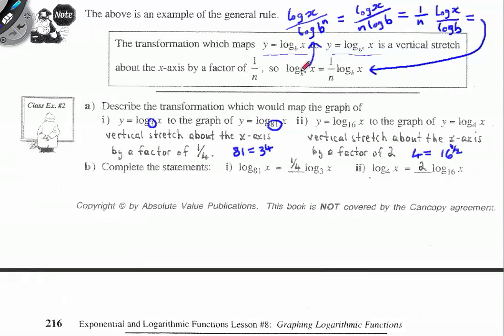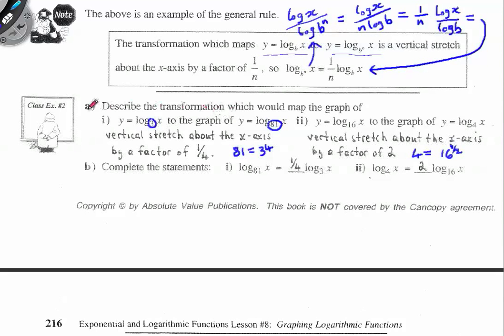So this is how these two equations are related. Whatever the base here and the base here, if they are a multiple of each other, then they can be related to each other by a vertical stretch.